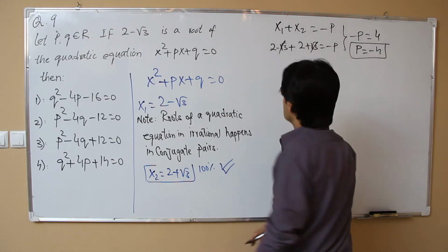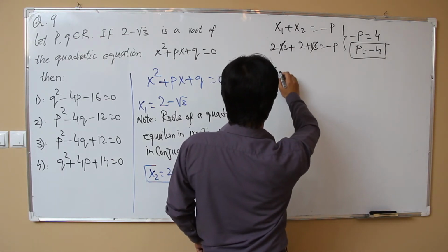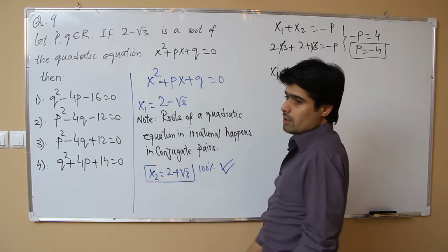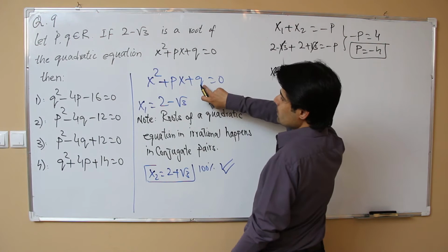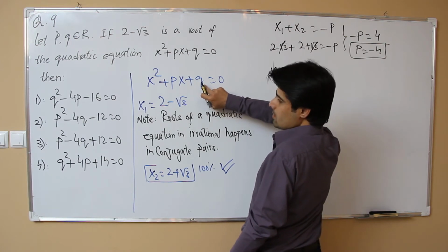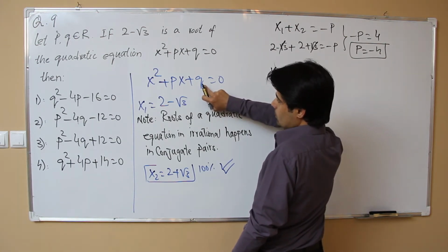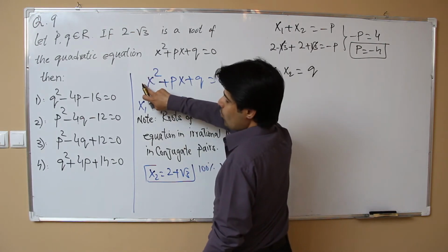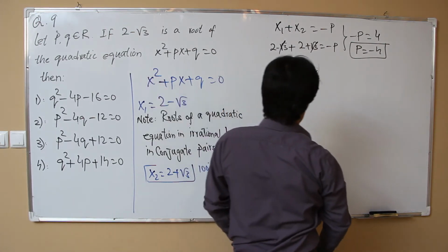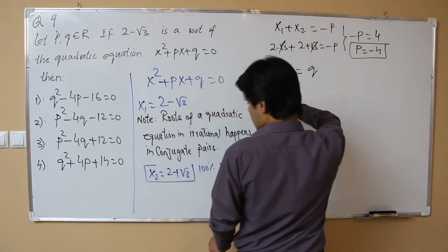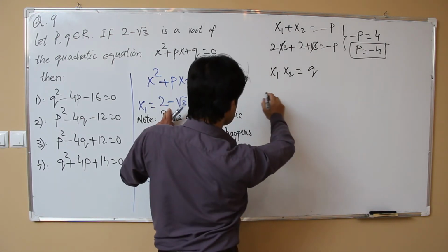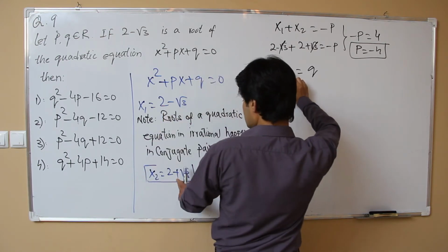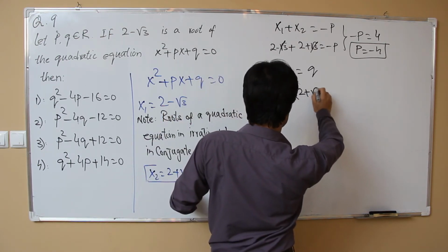Also, we know x1 multiplied by x2. It is c divided by a. What's c? c is the constant number, so it's q divided by a, where a is the coefficient of x squared. Now x1 is 2 minus root 3 times x2, 2 plus root 3.